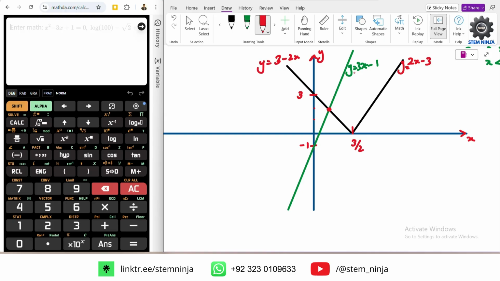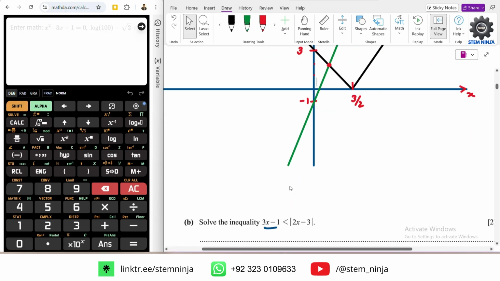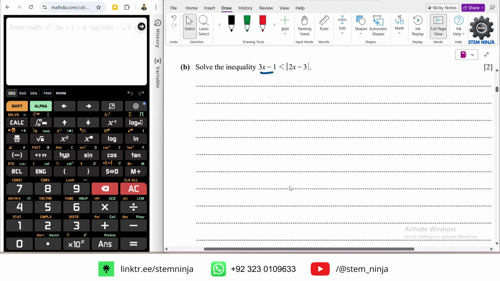But if you want to do this with just plain algebra, you could do this in a very specific way. So we cannot just simply use the squaring method over here. Why? Because in our revision videos also, I showed you something to look out for. If the function which is not bound by the modulus operator has a gradient which is higher than this one, then obviously this means that only one part of them will intersect.